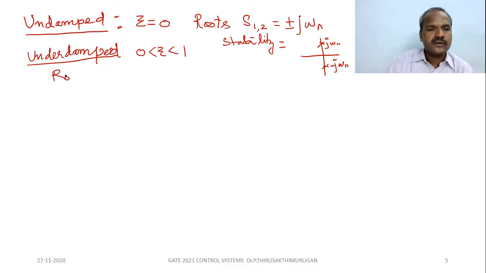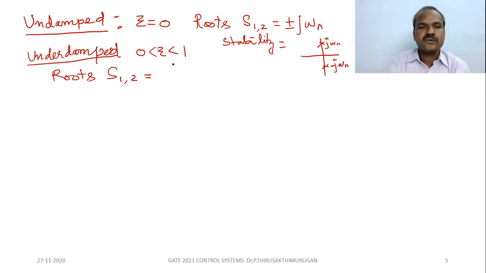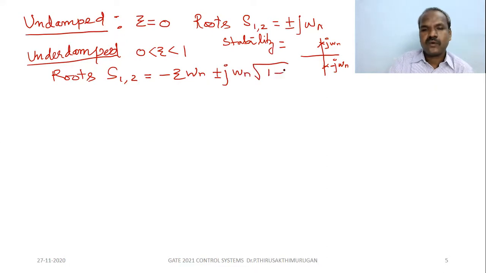S1,2 equal to minus zeta omega n plus or minus j omega n square root of 1 minus zeta square. So these are the roots of the second order underdamped system. This is complex conjugate, whereas the undamped system is purely imaginary.